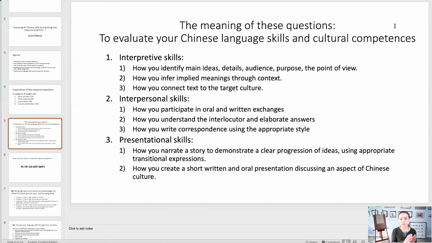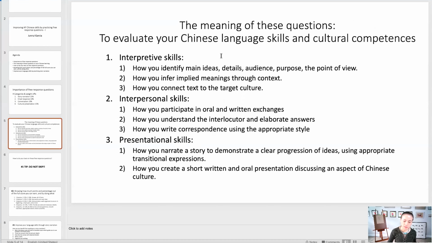And the meaning of those questions in the AP Chinese exam is they want to evaluate your Chinese language skills and cultural competencies. It's 3 parts: interpretive skills, interpersonal skills, and presentational skills.